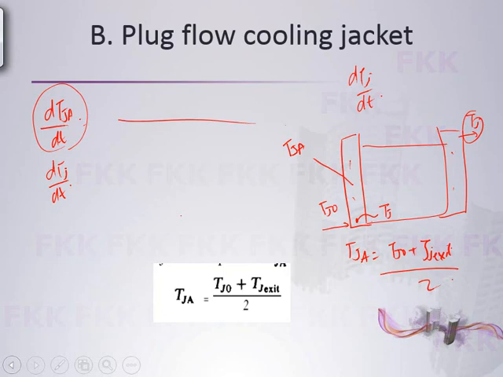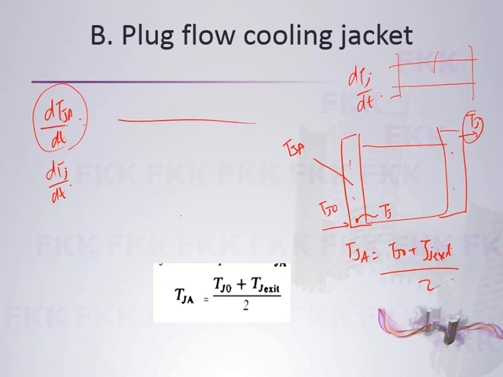So if you want to assume this is taking the principle of plug flow cooling jacket. Plug flow means that it takes up the plug flow principle in the pipeline. So say for example, if you have a pipeline, taking the principle of plug flow, meaning that it's a plug flow reactor for example, it's just in a pipeline. Say for the reactor, you have some conversion going on from A to B. Definitely the temperature would be different.